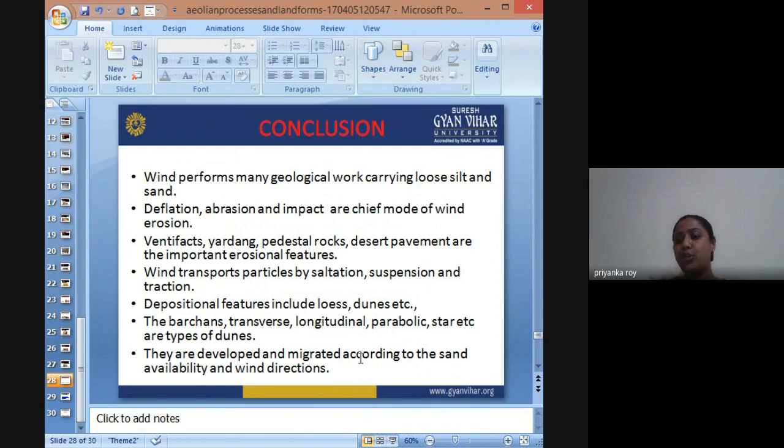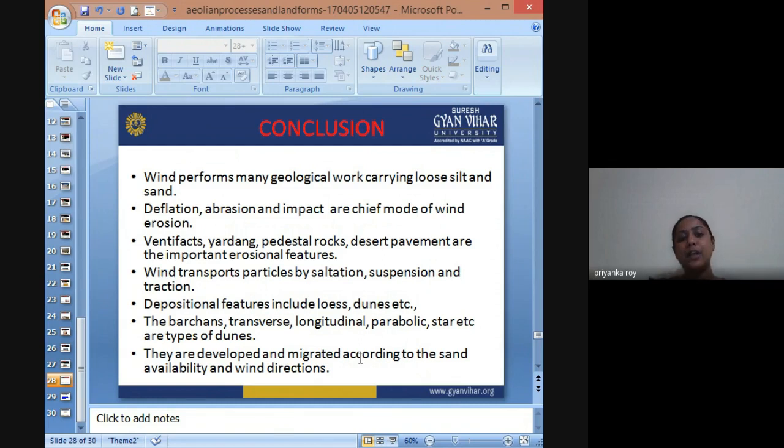I have also shown you images of how ventifacts, yardangs, and padlocks look, or you can also call it desert pavement. So you should be able to name the erosional features of the aeolian land process.